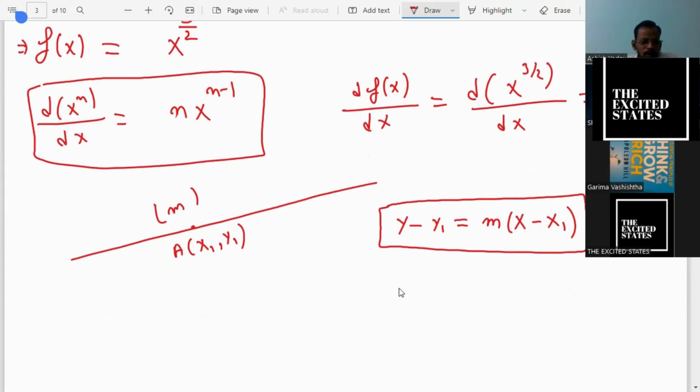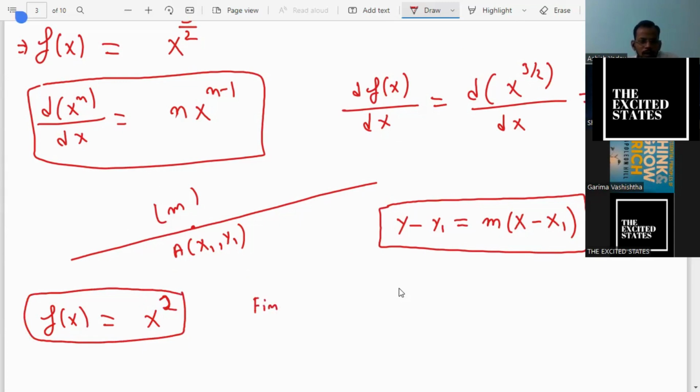Let's suppose you have a curve f of x equal to x square. Find the equation of the tangent line at x equal to, let's suppose, 3.